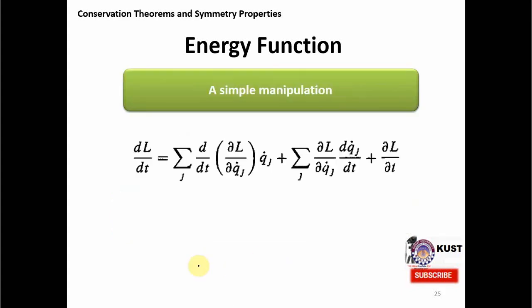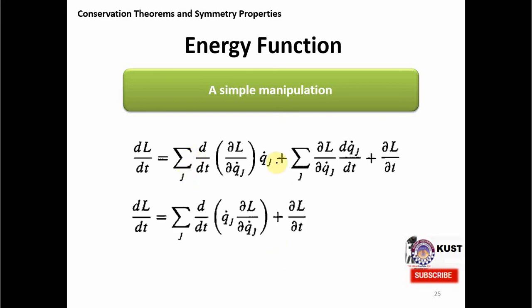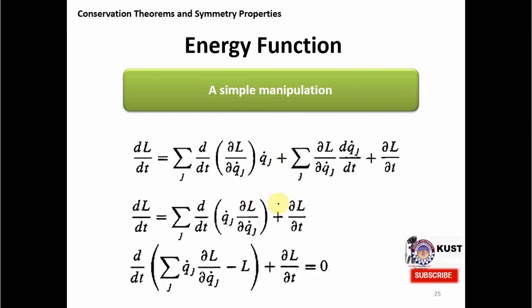With a simple manipulation with the help of this Lagrangian equation, we can transform this into this form. If you do a very simple calculation, you will come to d by dt of q dot del L by del q dot minus L, and because of the explicit dependence of L on time, we get del L by del t is equal to 0.